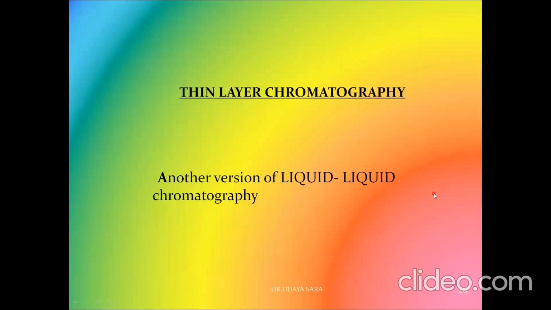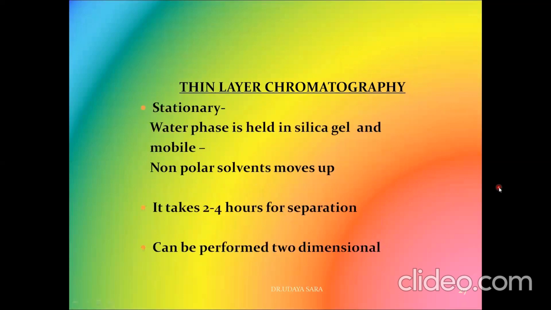Till now, we have seen paper chromatography, a liquid-liquid partition chromatography. Next we will see thin layer chromatography. It is also another version of liquid-liquid partition chromatography. The stationary phase is the water held in silica gel, while in paper chromatography it is water held in cellulose paper.